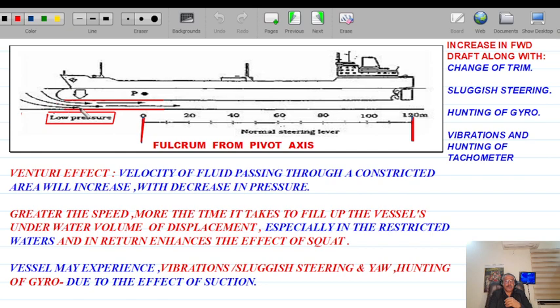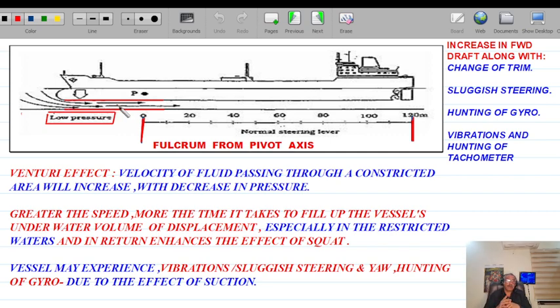Here the velocity has increased because the pressure has reduced. The same amount of liquid is passing, because until here it's a high pressure area, but when it comes under the hull, the velocity increases and the pressure reduces.